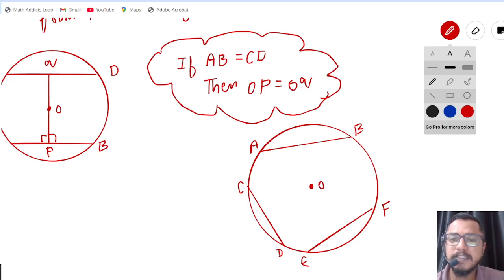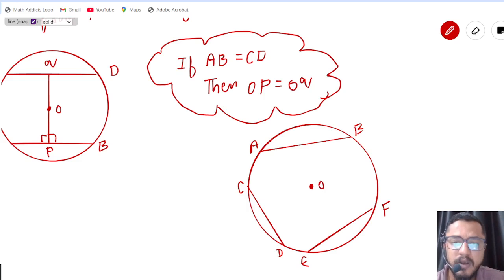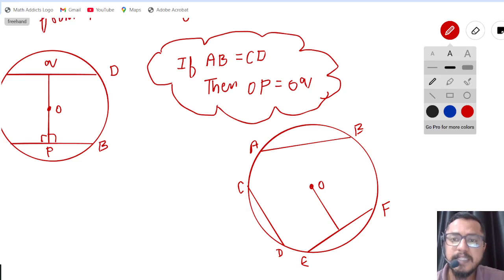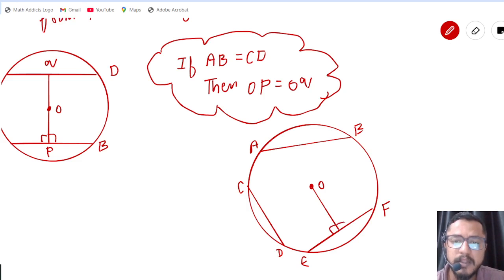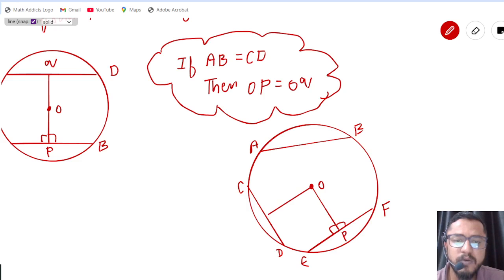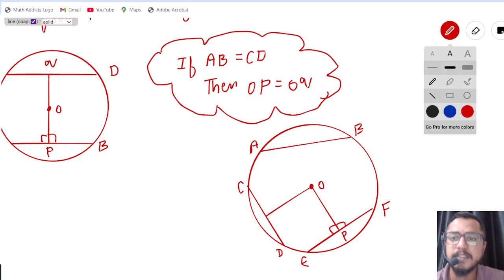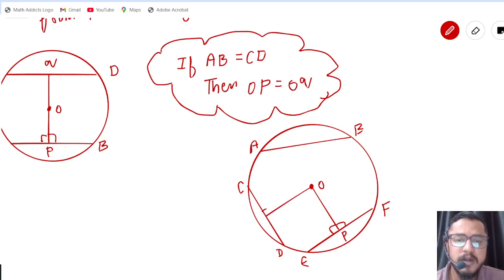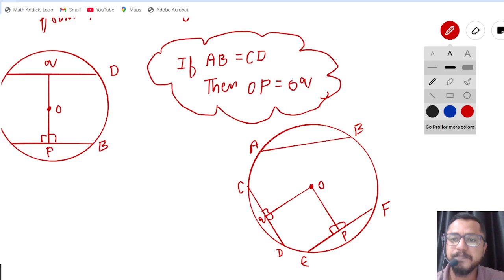What will be the distance between center and the chord? If I join like this, the perpendicular length will be the distance from the center to the chord. So for three chords I have to draw three perpendiculars.